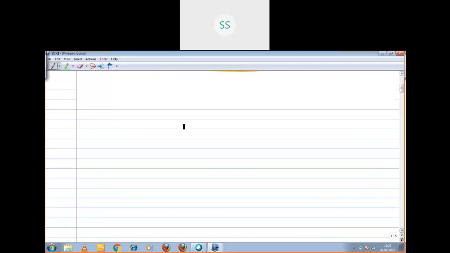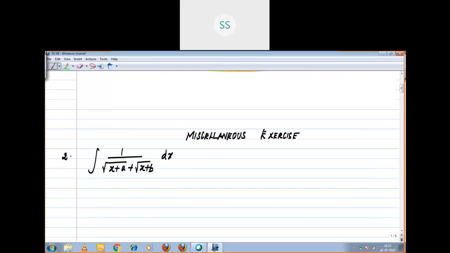Today I am going to discuss the miscellaneous exercise. Question number 2: integral 1 by root of x plus a plus root of x plus b into dx.